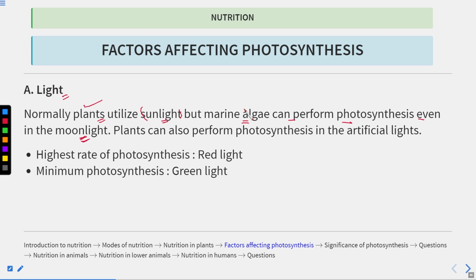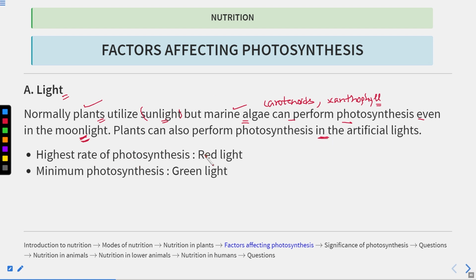But marine algae have certain photosynthetic pigments such as carotenoids and xanthophyll, and these pigments can absorb the moonlight, or light with low energy, and then pass it on to the chlorophyll and they can do photosynthesis. Plants can also perform photosynthesis in artificial lights. All right, this is clear.